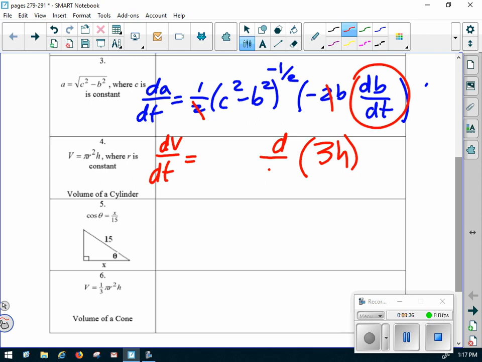The derivative of 3h with respect to time would be 3 dH dt, right? So what's this going to be? Pi r squared dH dt.